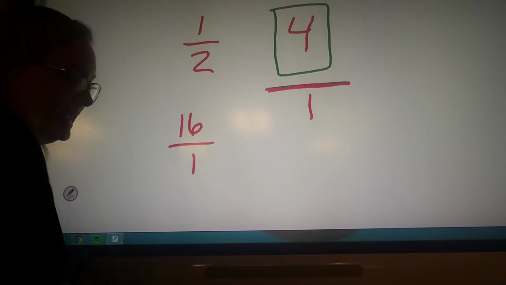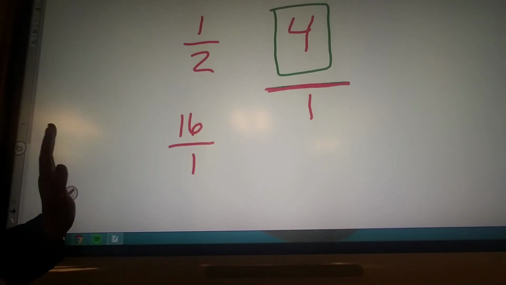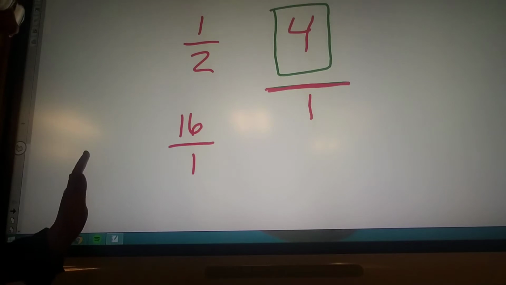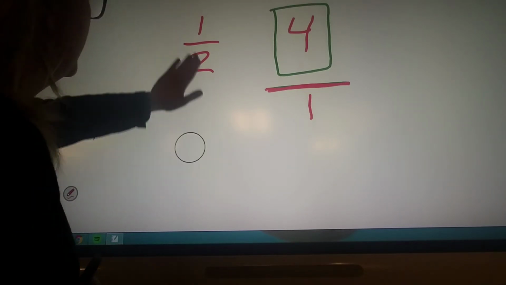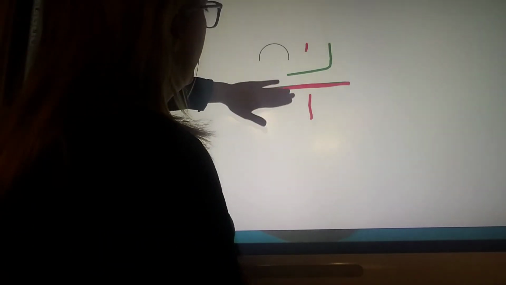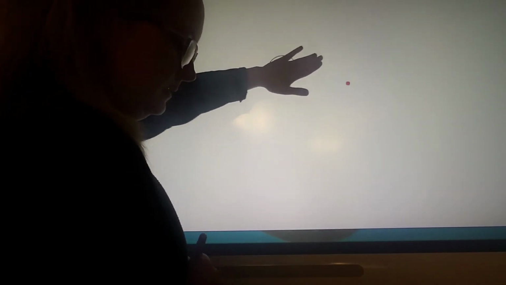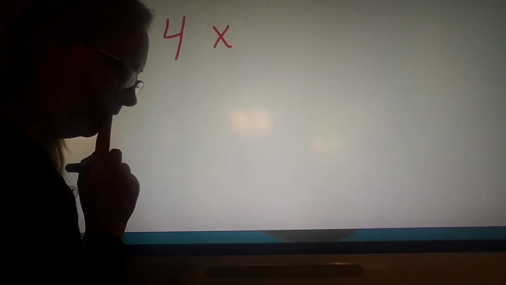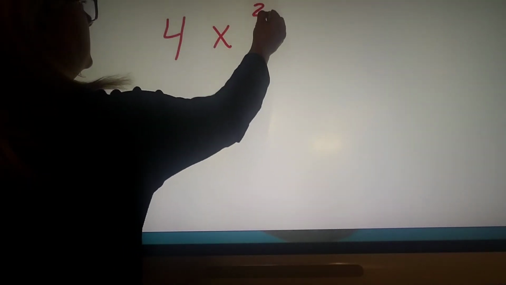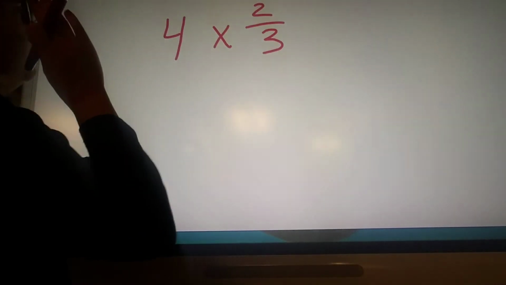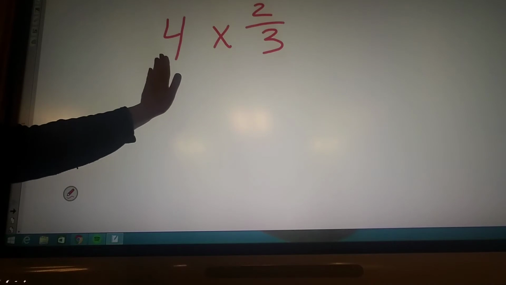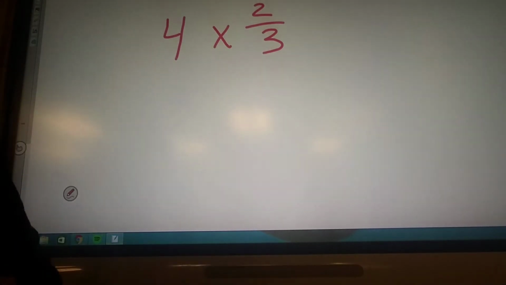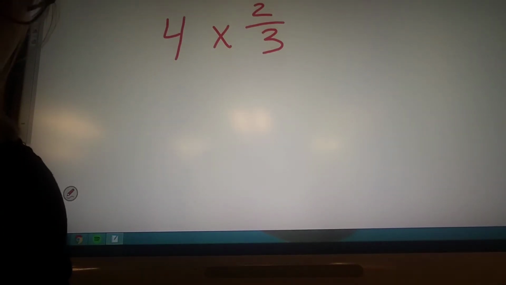Okay? Then our multiplying rules would stay the same for the fractions. So if I were to give you a problem like the one in our book, which is 4 times 2/3. We have a whole number and we have a fraction.